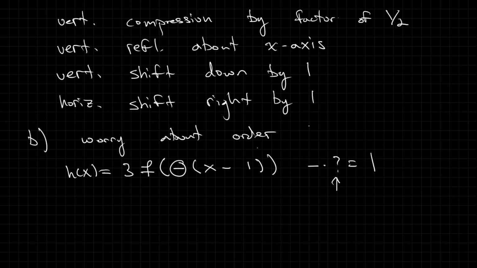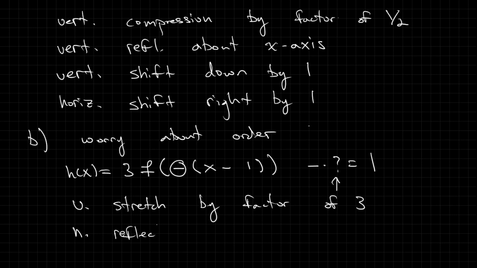All I need to do now is write out the transformations such that the shift happens last. So I have a vertical stretch by 3, by a factor of 3. We have a horizontal reflection about the x-axis.